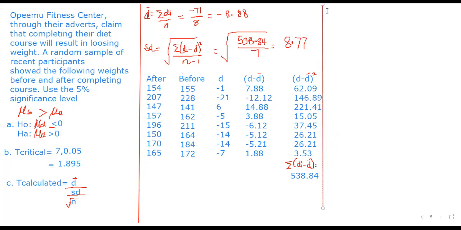All right. So you see, this is where we have the workload. T calculated. So T calc is equal to d bar, which is negative 8.88, all over SD, which is 8.77, all over square root of n.